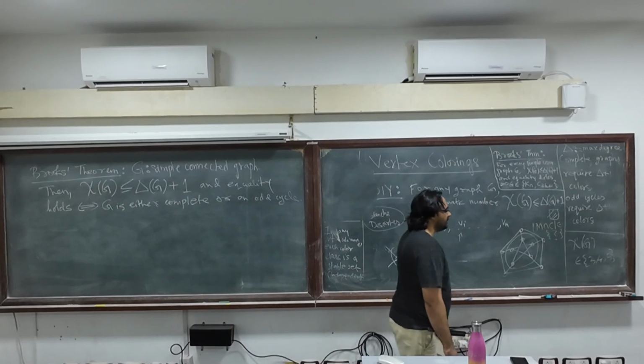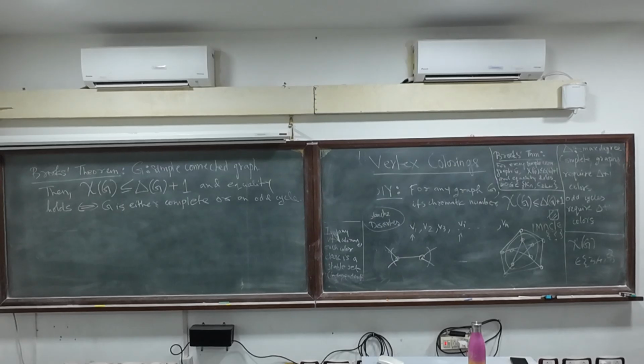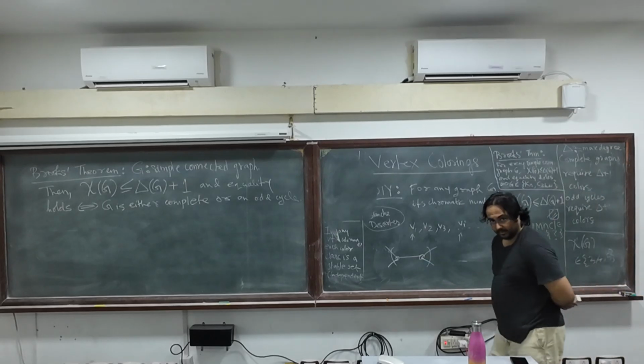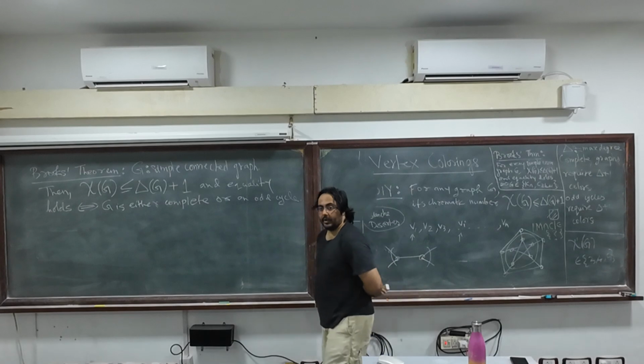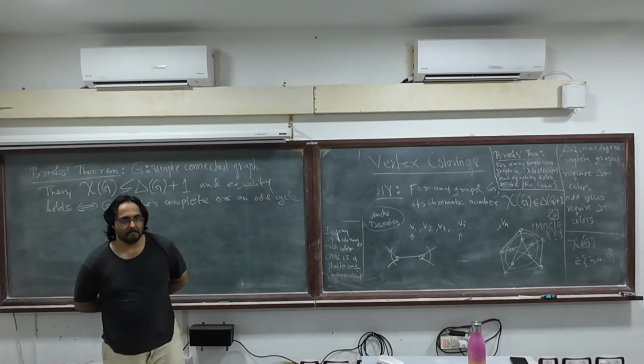That's actually interesting because what we just observed is that there is a coloring using delta plus 1 colors where one of the color classes has only one vertex. There is a coloring of any odd cycle using 3 colors where we use only one vertex for a particular color class, the green one.